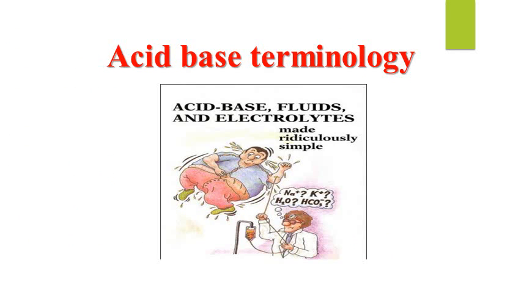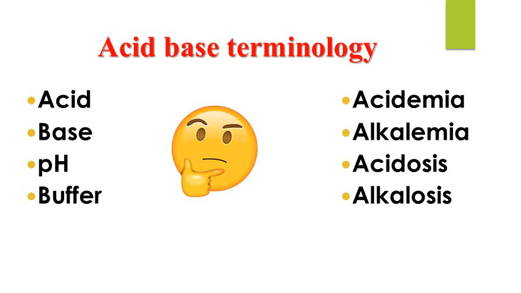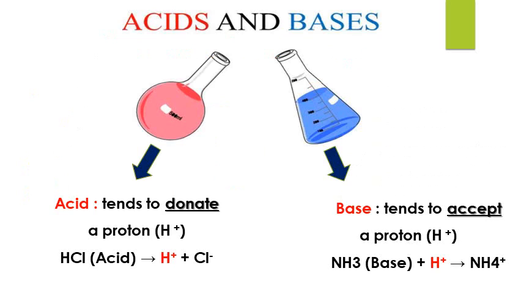Before talking about ABG changes, we should first know the acid-base terminology, like the meaning of acid, base, pH, buffer system, acidemia, alkalemia, acidosis, or alkalosis.